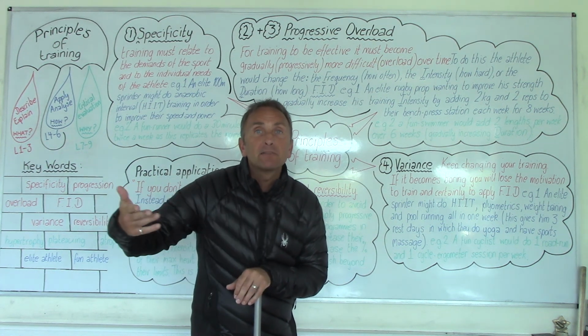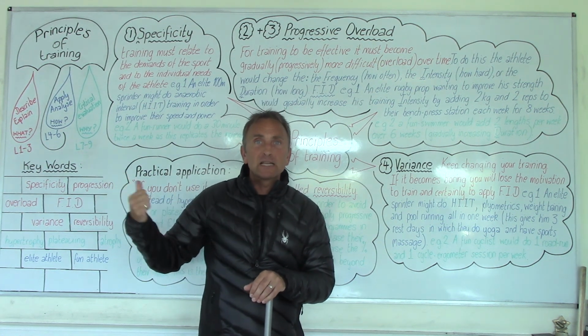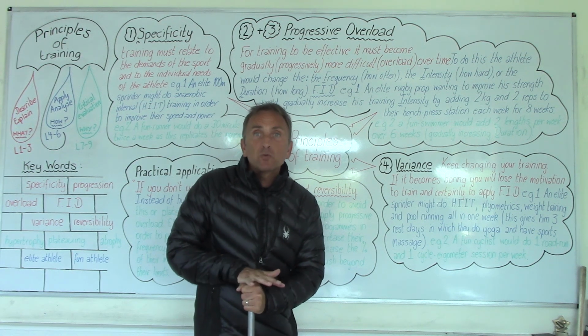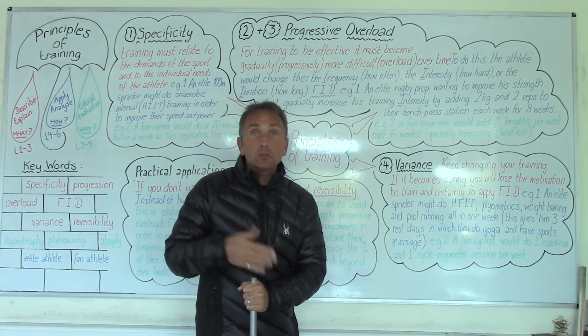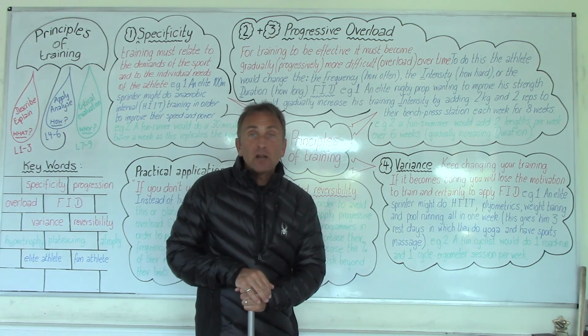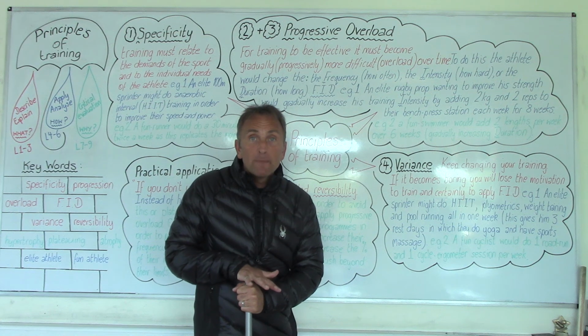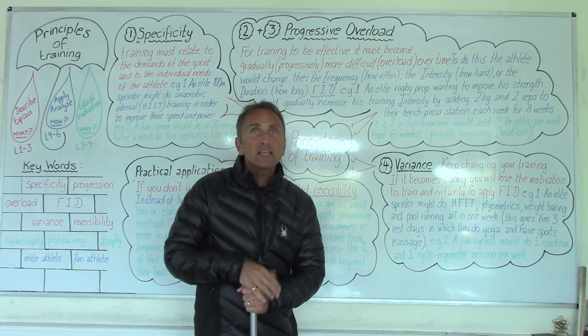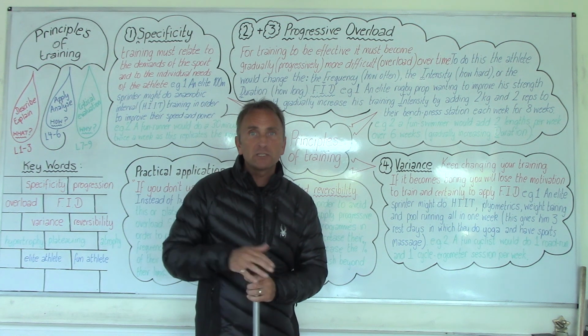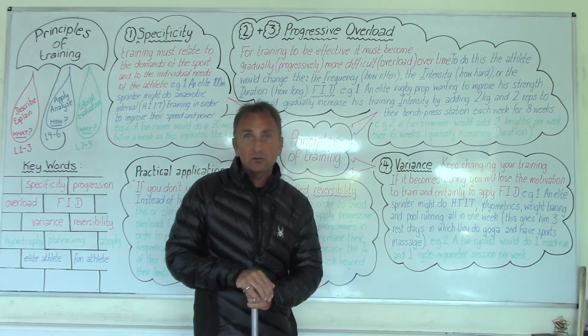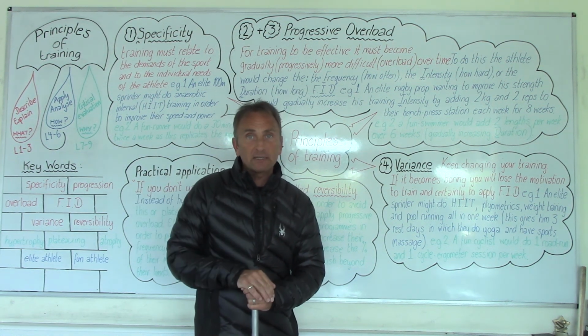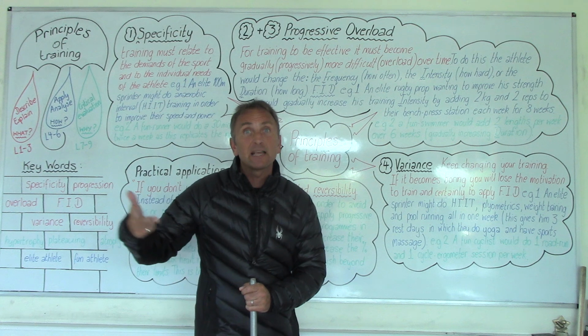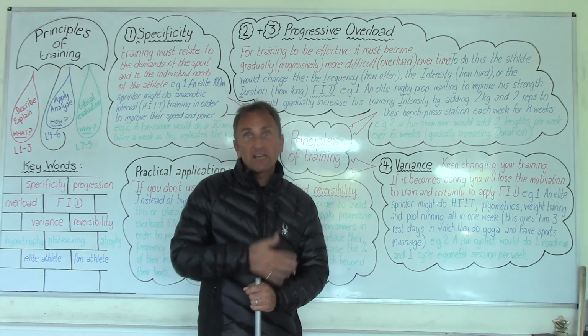They might increase the frequency by, instead of swimming once a week, train twice a week. Their duration is going to increase because they're doing more lengths each week. Now, if they can increase the speed at which they swim those lengths gradually as well, that's perfect. That's increasing the frequency and the intensity and the duration for that fun swimmer.